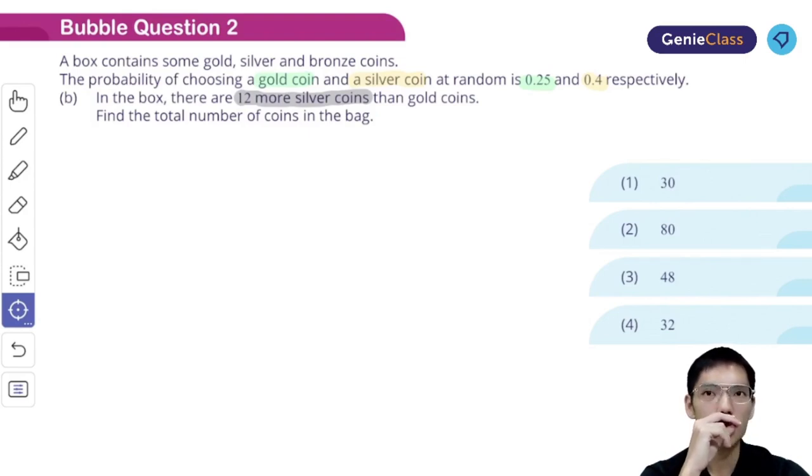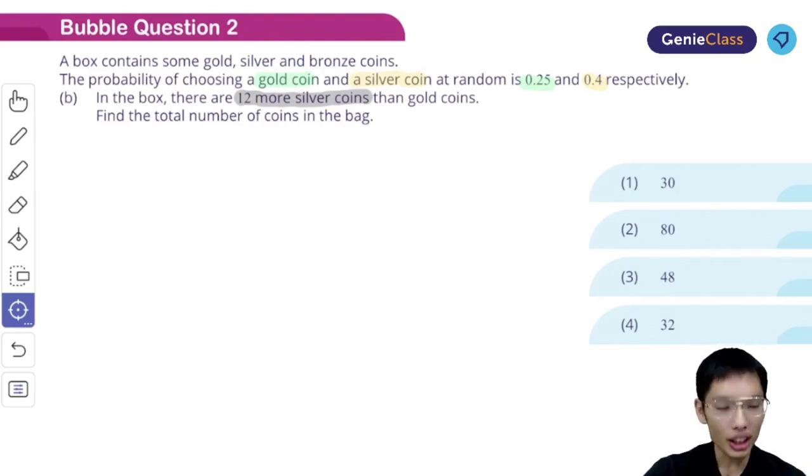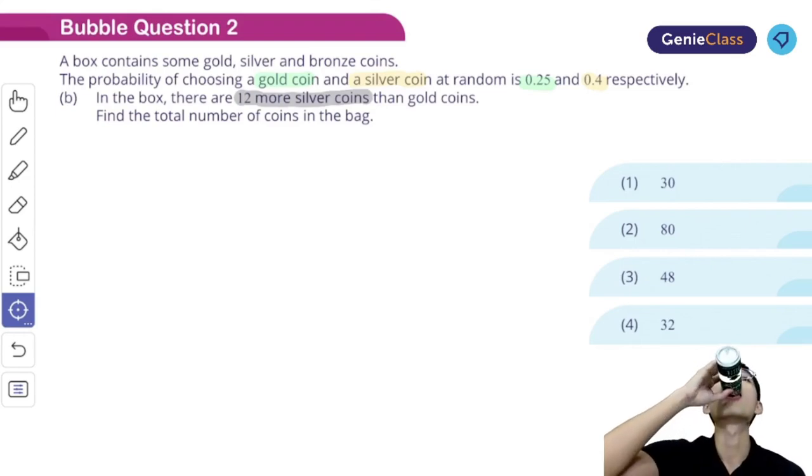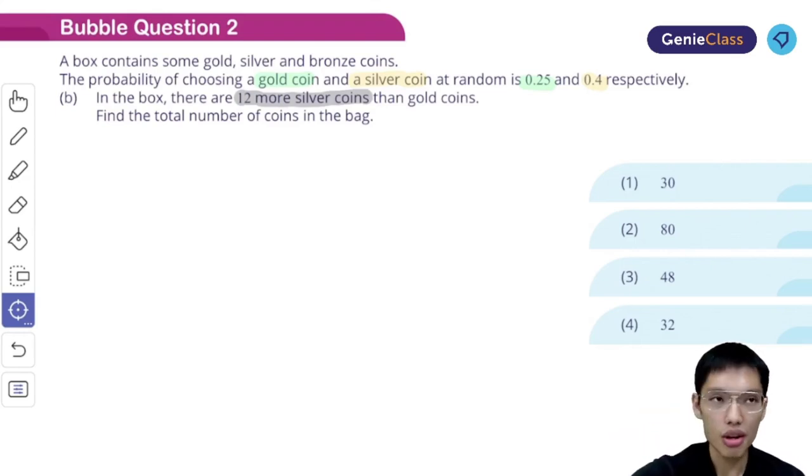Okay, we have about 1 minute left. Again, this concept is about single events, so the ands and ors don't really matter for this case. Alright, 1 minute left.